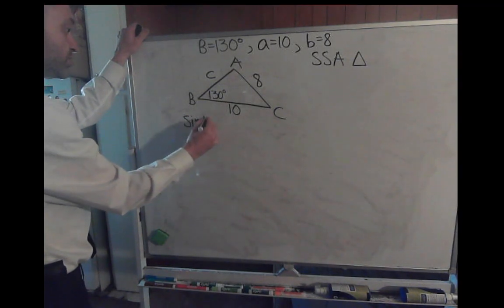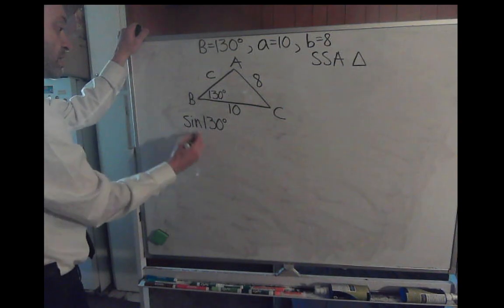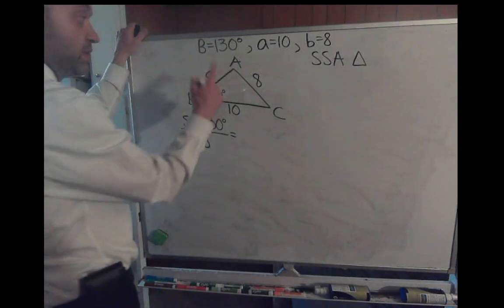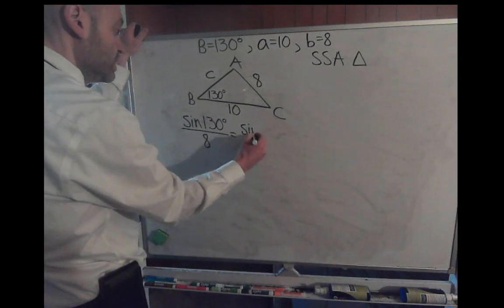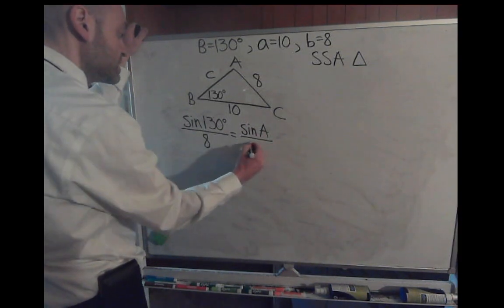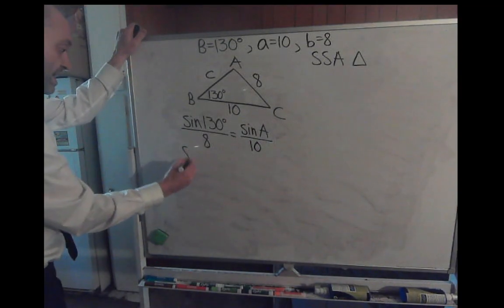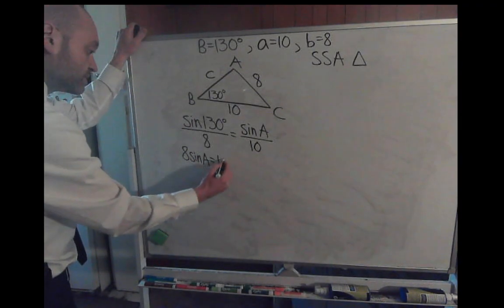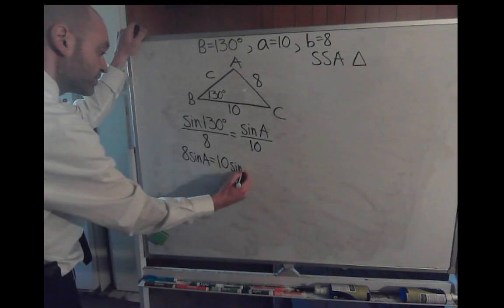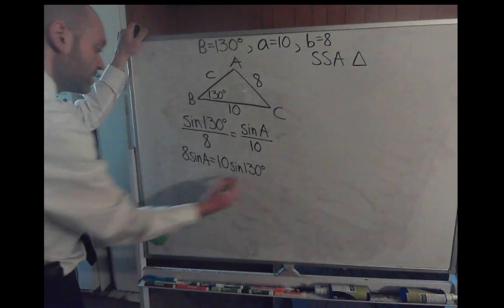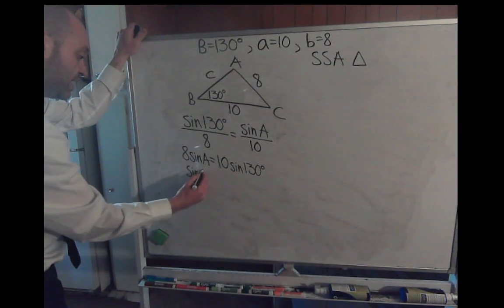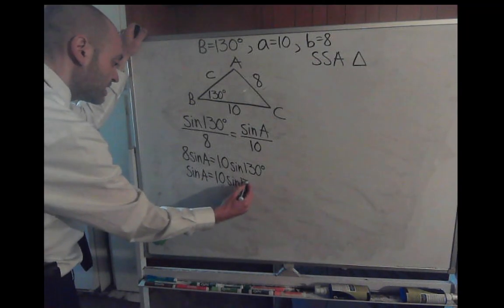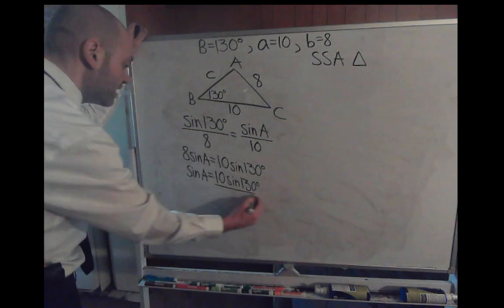So the sine of 130 degrees all over 8 would equal, now we know side A, but we don't know angle A, so we'll solve for angle A. So the sine of A all over 10, so that means 8 times the sine of A is going to equal 10 times the sine of 130 degrees. So the sine of A equals 10 times the sine of 130 degrees divided by 8.